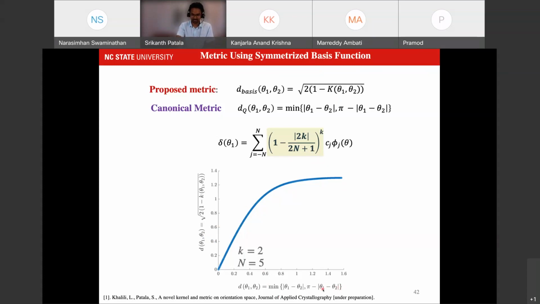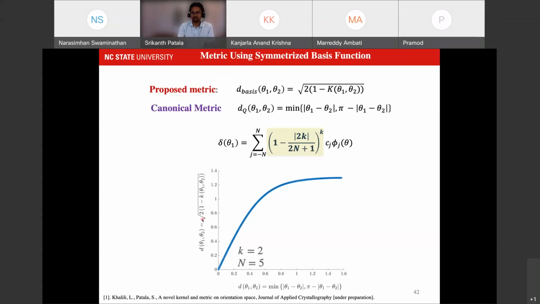On the x-axis is a metric between any two thetas using what we can call a canonical metric, a metric that is obvious and makes sense for us, versus the metric that I defined using this new kernel. You can see there's a one-to-one correspondence. Of course, it is not a perfect straight line because this is a mapping. But the one-to-one correspondence and a monotonic function here gives you confidence that this is a kernel one can use for statistical analysis.